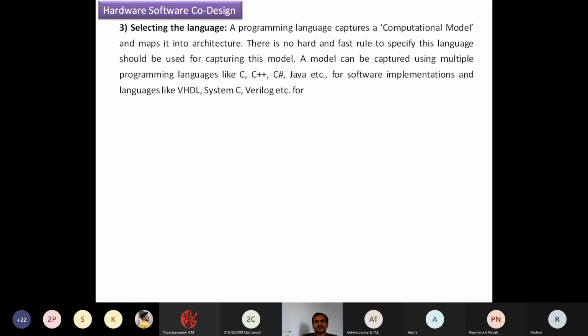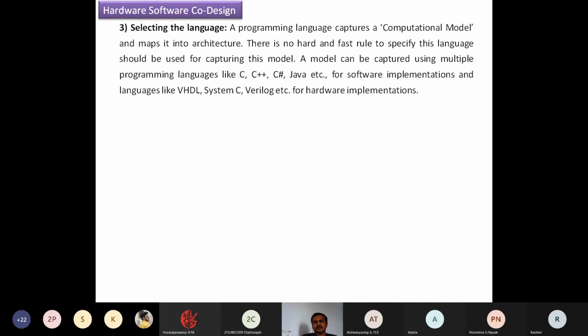A programming language captures a computational model and maps it into architecture. There is no hard and fast rule to specify which language should be used for capturing a model. While designing the software, there is no particular rule that we need to use a particular language. It is the interest of the designer. By comparing various languages, he may choose the suitable language for his design.